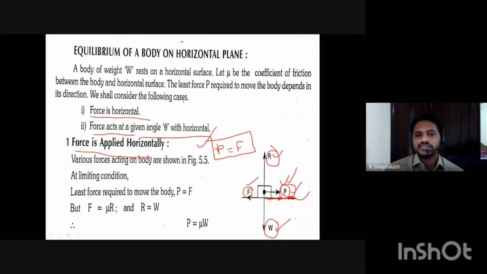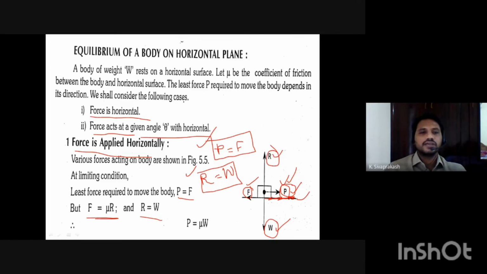Upward force is R and downward force is W. So W equals R. So R is equal to W, P is equal to F, and F is equal to mu R. These are the equations regarding the force applied horizontally on the body. You should consider this type of equilibrium conditions when you want to find the frictional force.